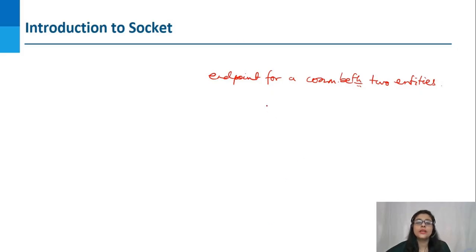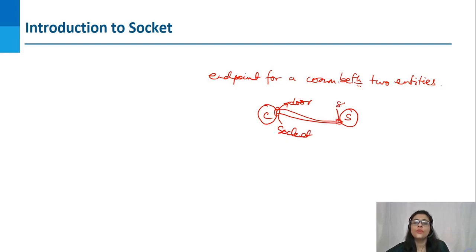If you are dealing with a client-server application program, if this is the client and this is the server, there has to be a communication path between them. And this endpoint is also called the door, is known as the socket. So here also at the server side also we will have a socket. So socket is a requirement for communication between two entities.